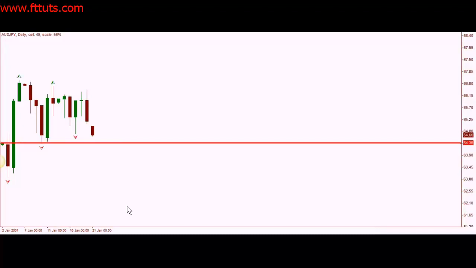But to catch this signal, you would have to be in a pullback. So basically you want to see the pullback, and then you want to see the market, after the correction, at the top of that correction, that's where you want to look for this signal. Now there's going to be areas where you'll be able to locate and understand where a correction may end or occur, and that's also going to help you look for this pattern.